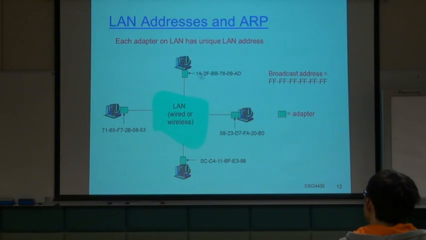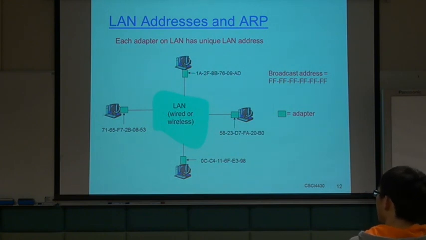You may find the MAC address like this. In Linux, you can type ifconfig to find out the IP address, and it will show you the Ethernet address of your network card.